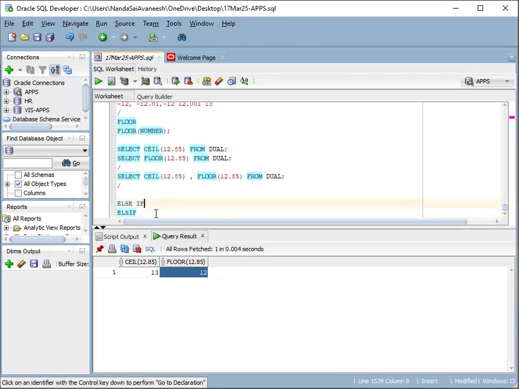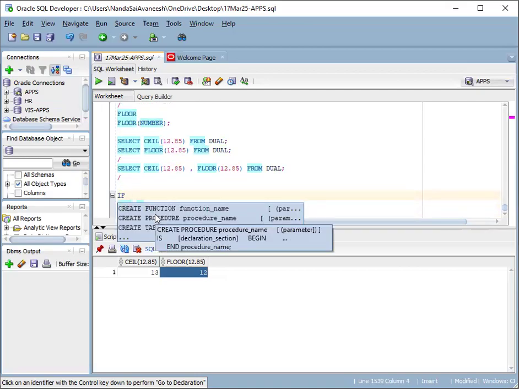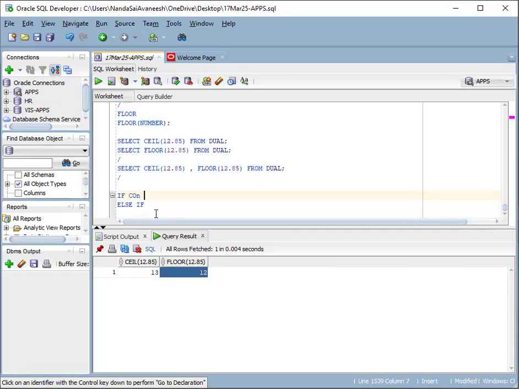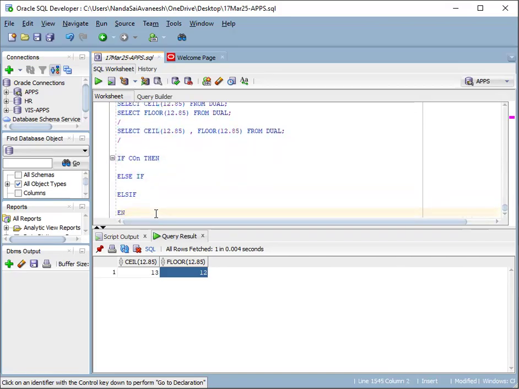In other programs, you use an if condition, then some steps after that, and next you use else if, or some people use only end if in some of the syntaxes.